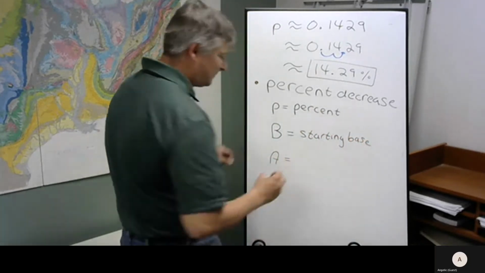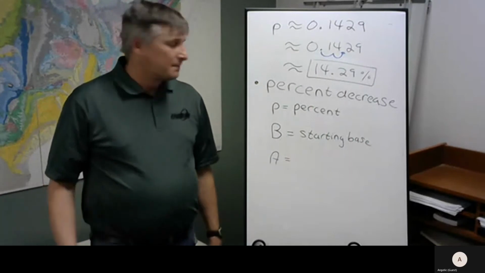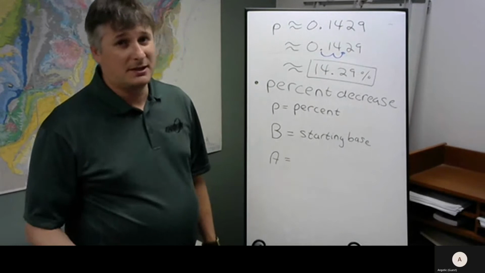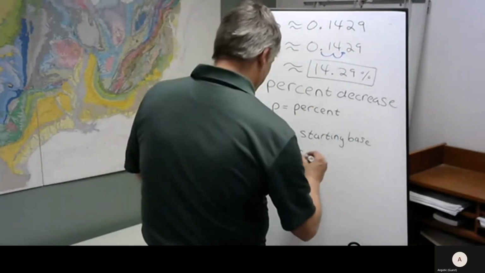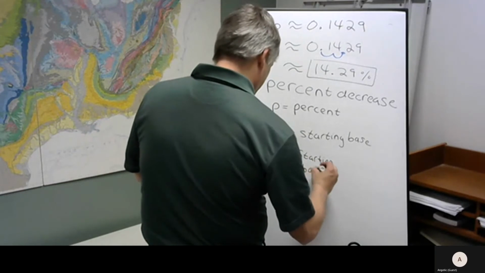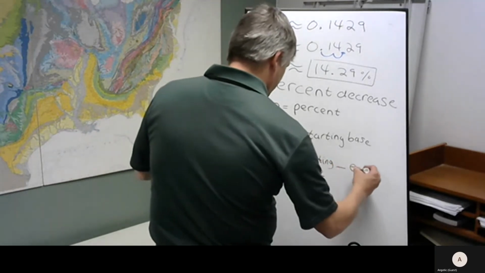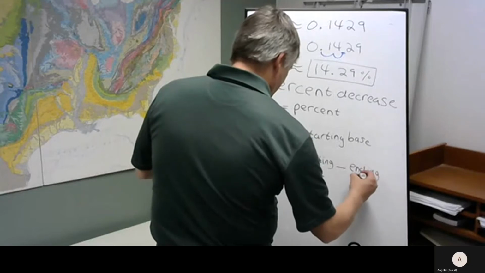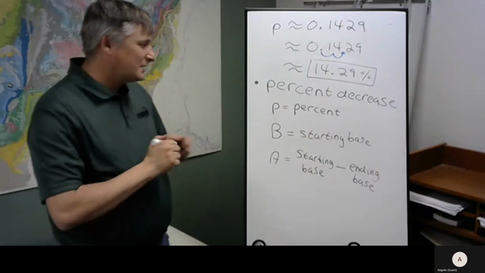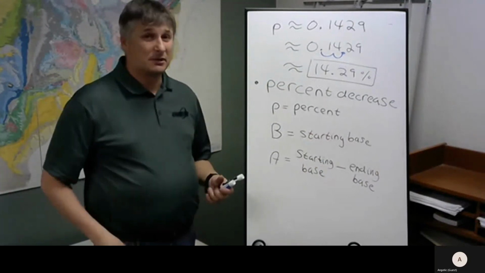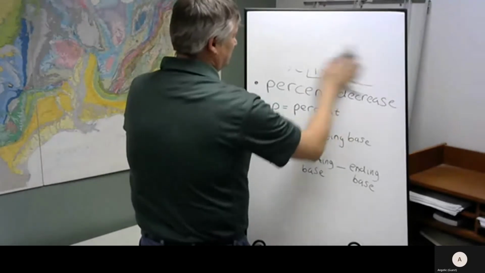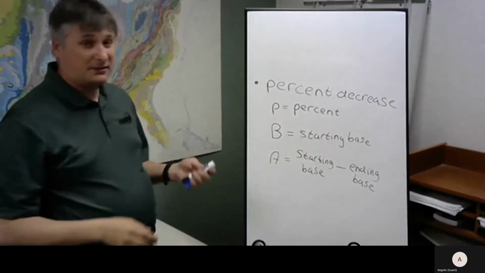Where this is going to be different is that the amount will be the starting base minus the ending base. So that's going to be the big difference with percent decrease. So let's say we have this.